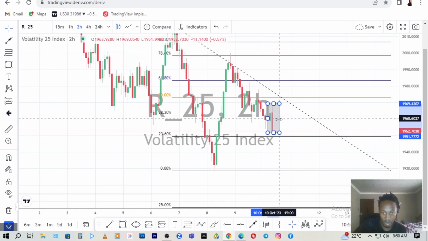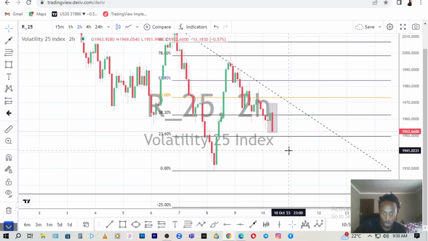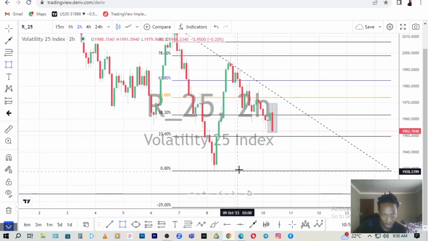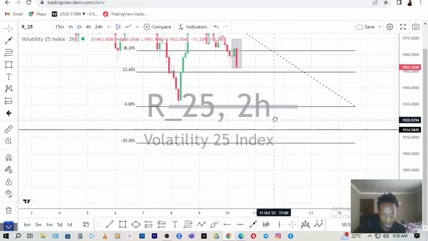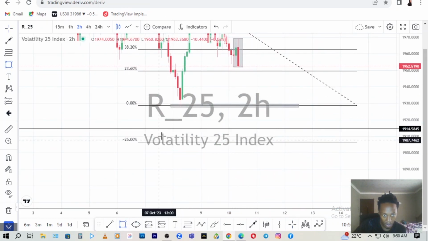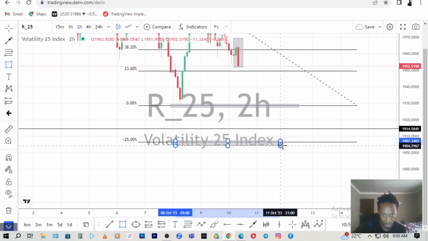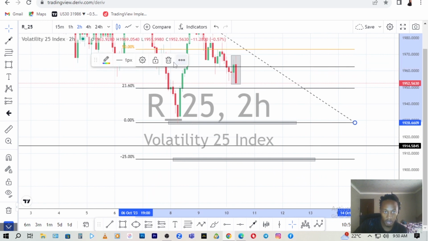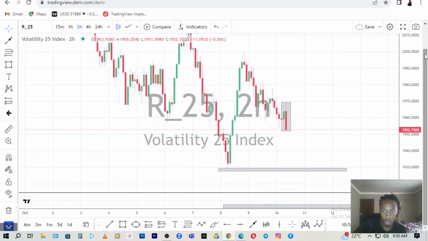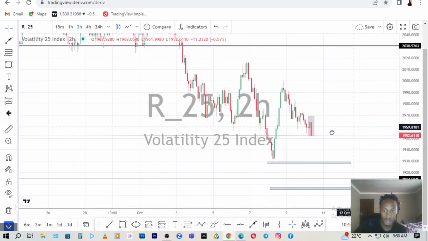Here's our bearish engulfing. So where's your SL? Here's your stop loss. Here's your first TP over here. Second TP, here's your second TP. So overall, you can remove the fib just to see a clear picture.